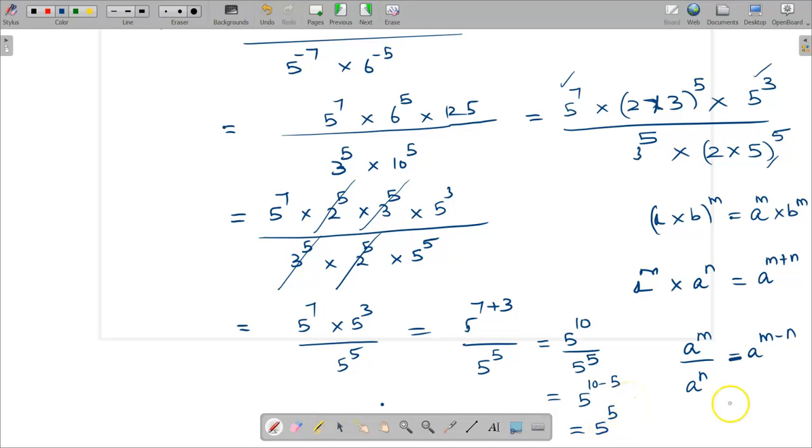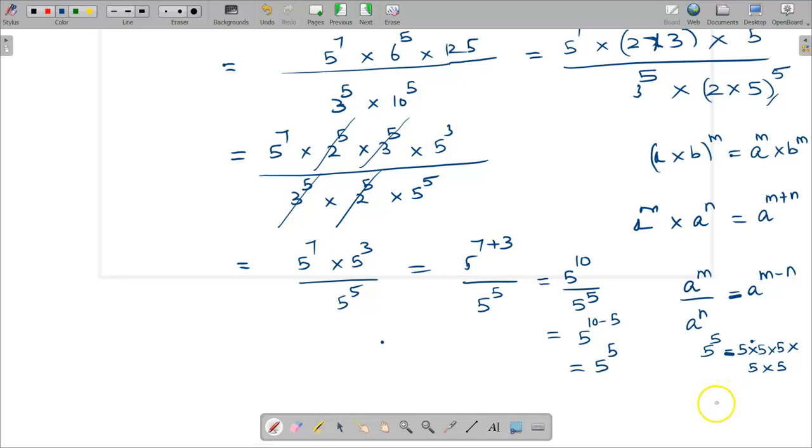Find out the 5 power 5. 5 power 5 is nothing but 5 multiplied 5 times: 5 into 5 into 5 into 5 into 5. 5 5s are 25, 25 5s are 125, 125 5s are 625. We have already seen this in the previous problem.